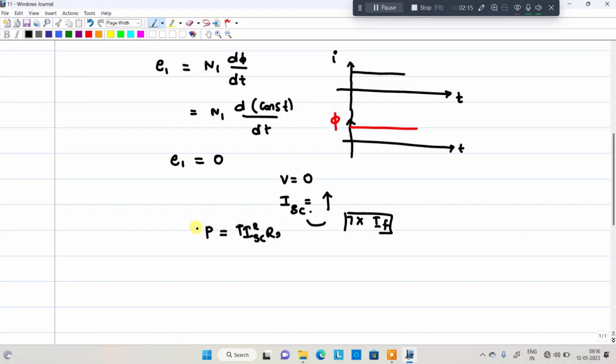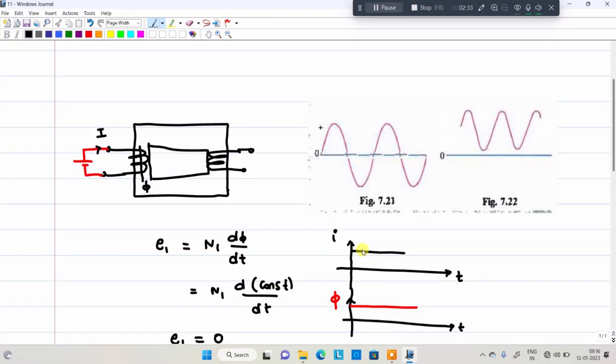So so much heat will be generated in the transformer that the winding is going to be burned.